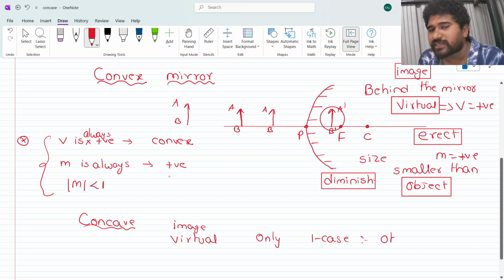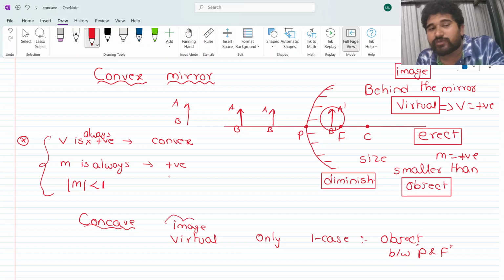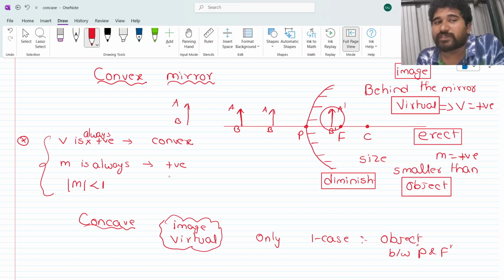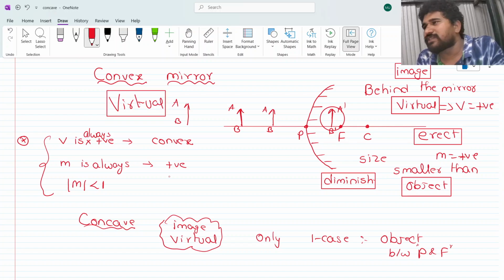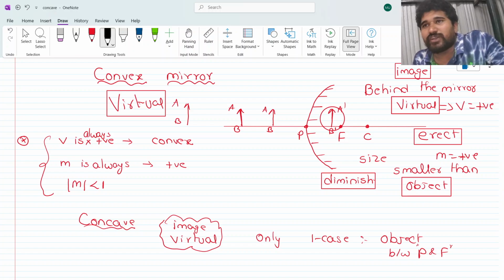When the object is placed between pole and focus, the image is going to be virtual. Sir, in case of convex mirror, we always get virtual. But here, only one case we get virtual.